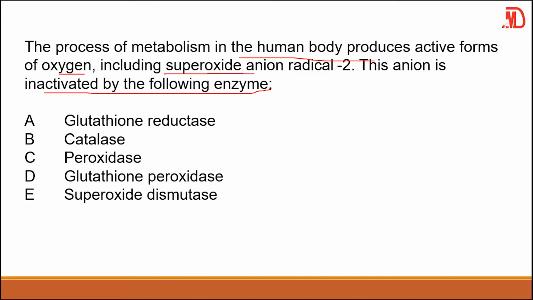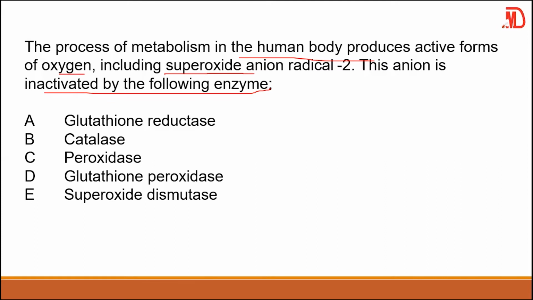Guys, even if you don't know what this enzyme is all about, just by looking at the name you can tell. Usually in biochemistry, the name of the enzyme that catalyzes the reaction comes from the individual substances that are reacting.